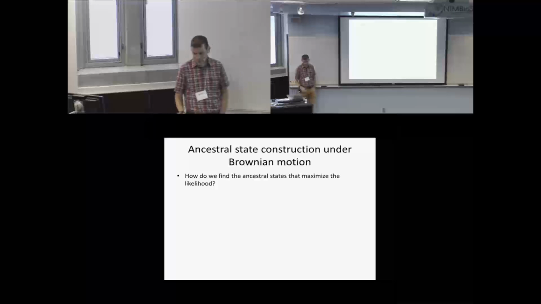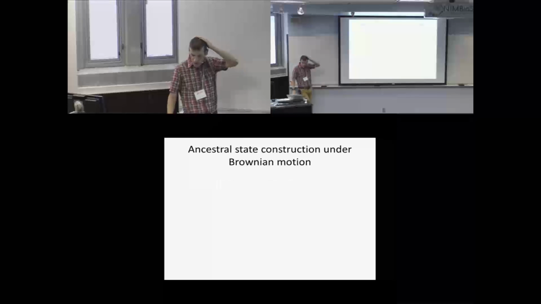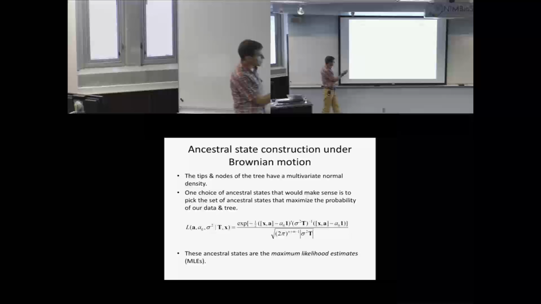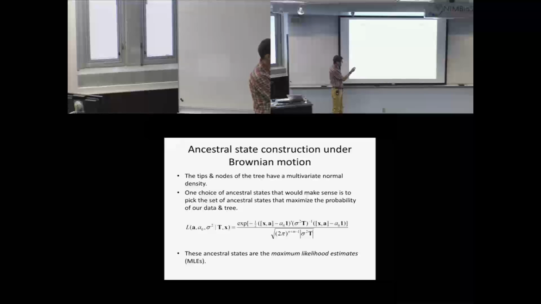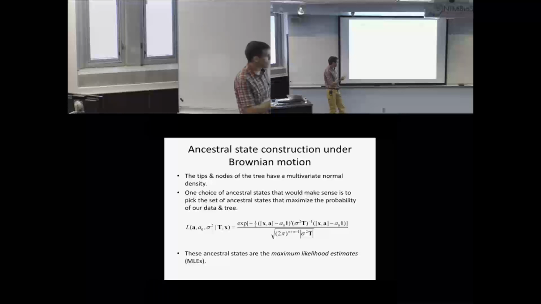So from a practical standpoint, we can ask how we find these ancestral states. This detail is not that important, but I like to include it just to demystify it a little bit. We know the tree, which I've just represented here as a capital T, a matrix describing the covariances on the tree, and the data, which is our tip data in the vector x.